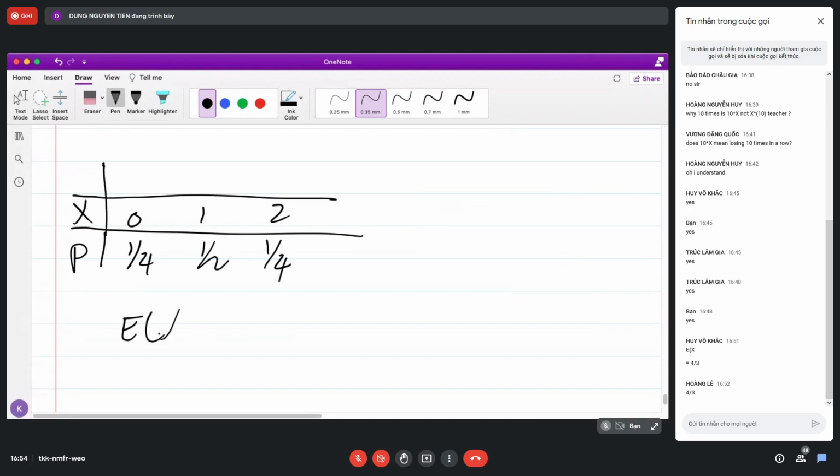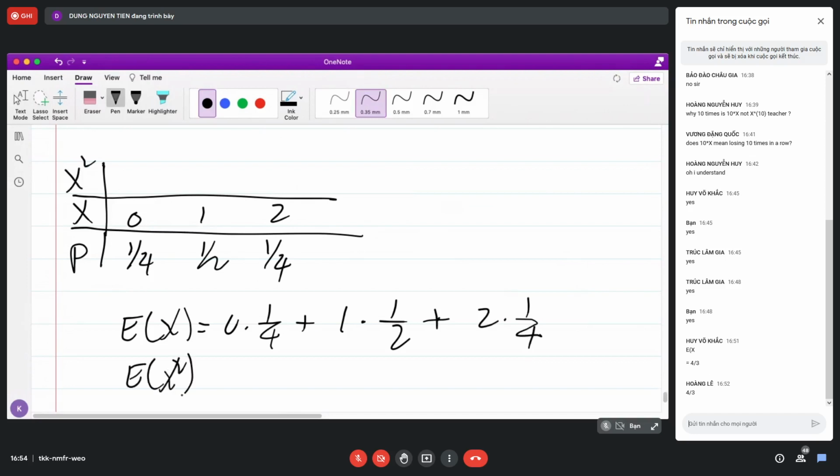Then the mean of x in this case is 0 times 1/4 plus 1 times 1/2 plus 2 times 1/4. So if you want to find the mean of x squared, because x is a random variable, x squared is also a random variable. So you get 0 squared, 1 squared, 2 squared.